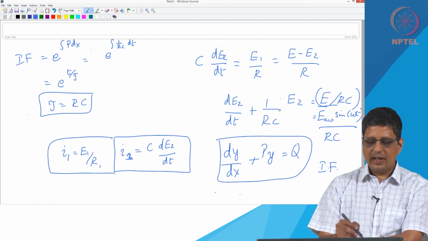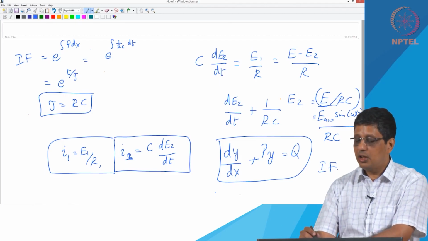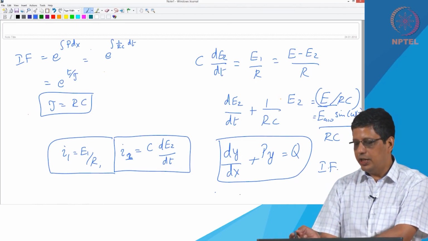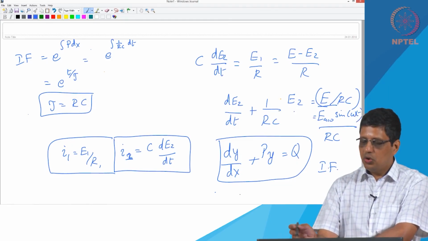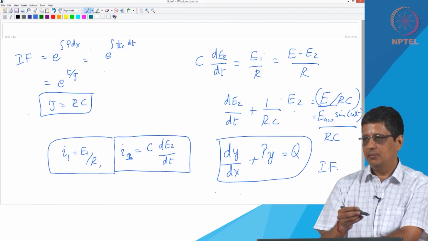We will write the integrating factor as e power t by tau. Basically, I am expecting that we should be solving this equation and getting the answer for E2. Once you get E2, you can get E1, and once you get E1, you can get the current value very easily.